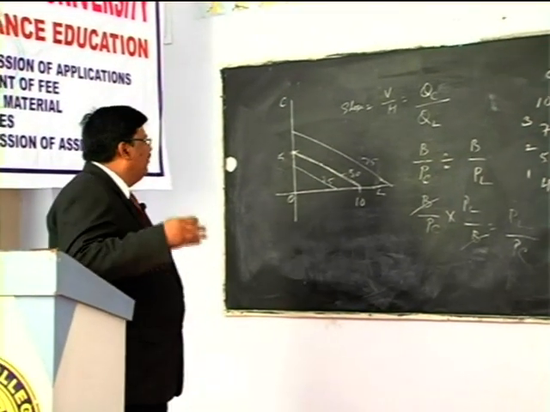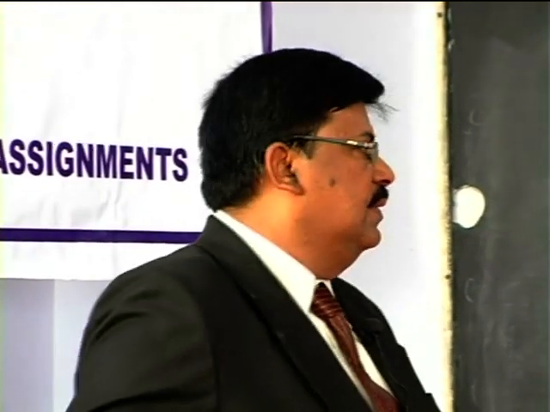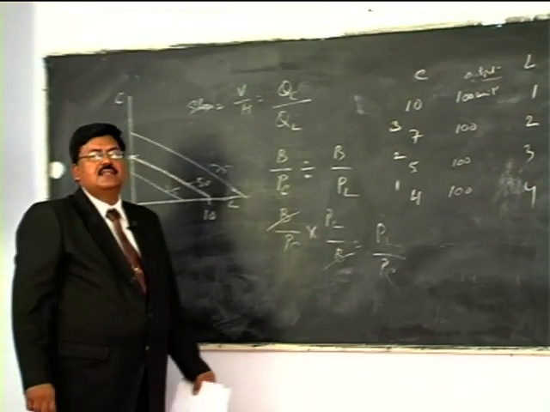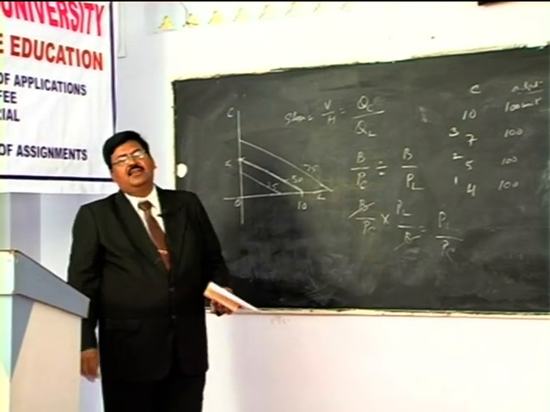So the slope of an ISO cost line is the ratio of the price of labor to the price of capital, when labor is on the x-axis and capital is on the y-axis.